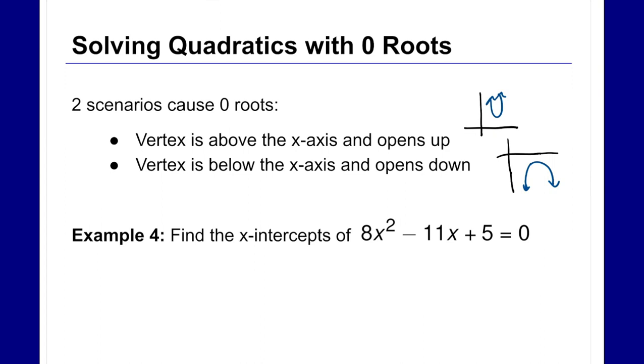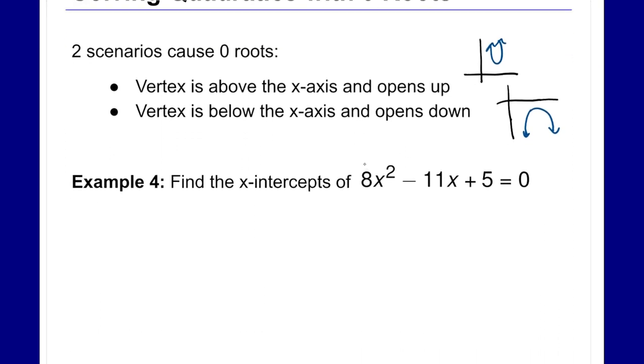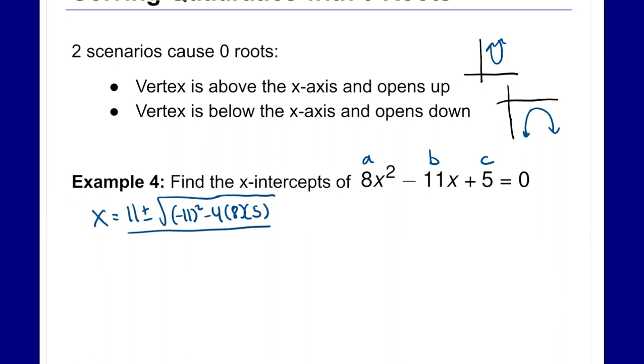So what we can do is still go through and take a look at a, b, and c. So x is equal to -b, or -11, which is +11. So 11 plus or minus the square root of -11 squared minus 4 times 8 times 5, all divided by 2 times 8.